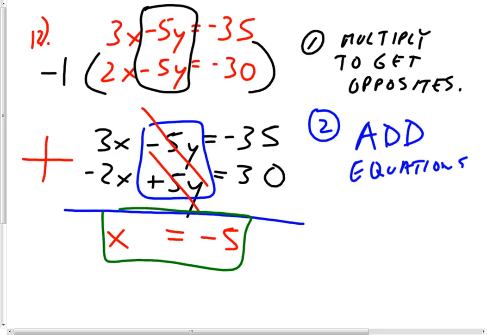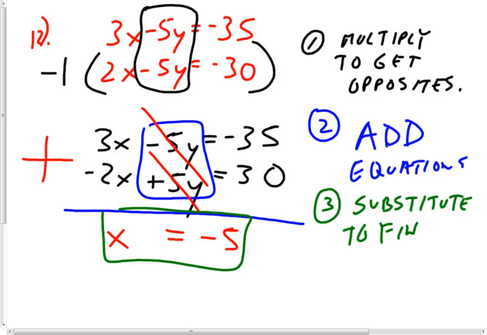What's my third step? Substitute to do what? Substitute to find the other variable. What do I do? I go back to either one of these original ones. Doesn't matter which one.